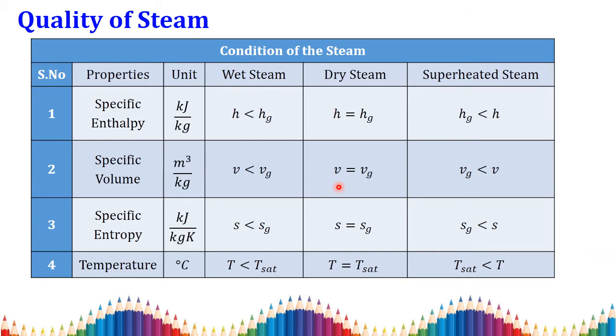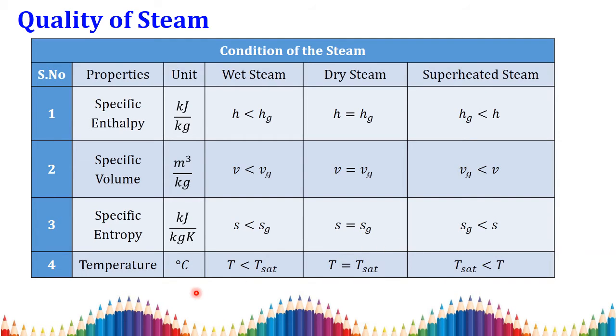When the given specific volume and the saturated specific volume of the gas are equal, it is called dry steam. When the saturated specific volume of the vapor is lesser than your given specific volume, then it is called superheated steam.